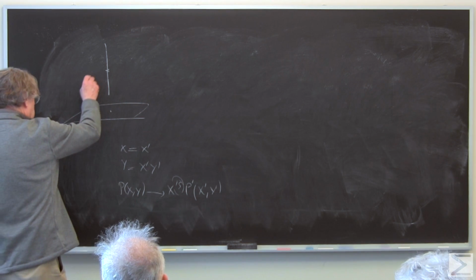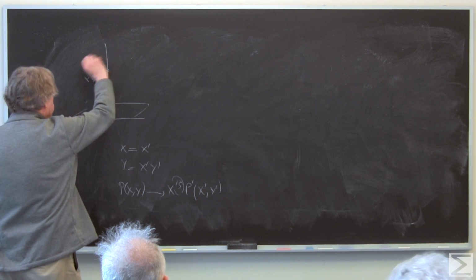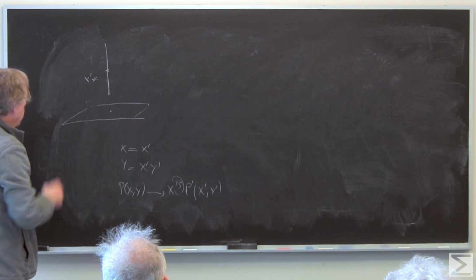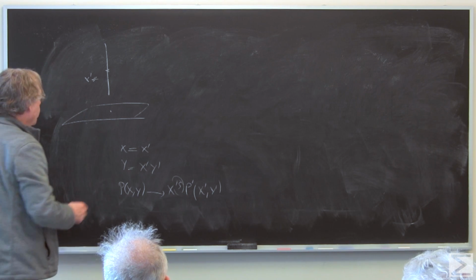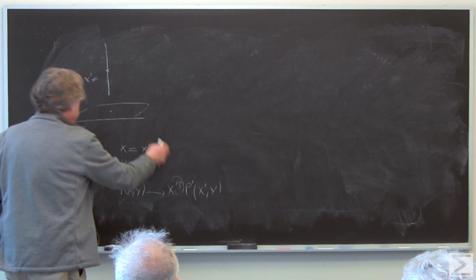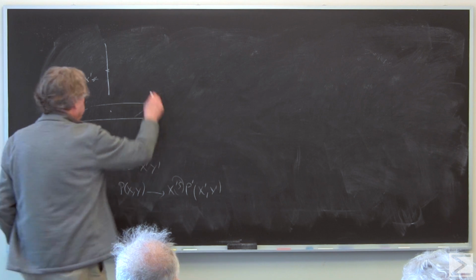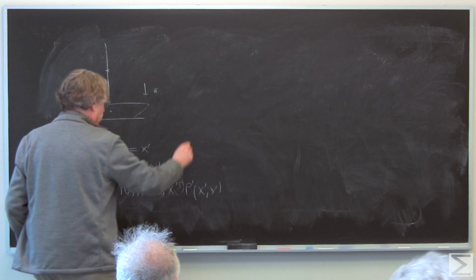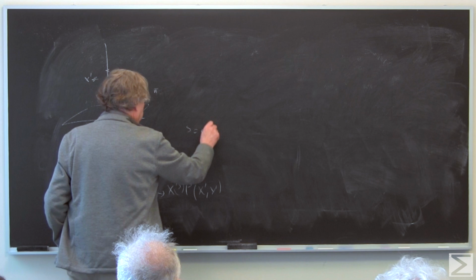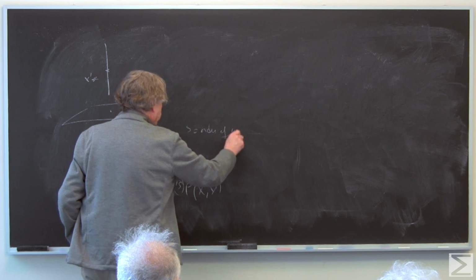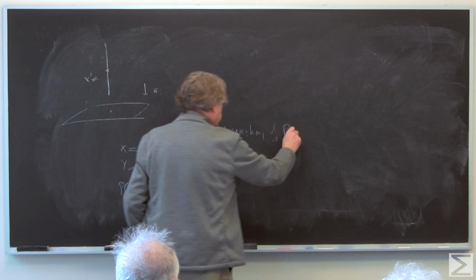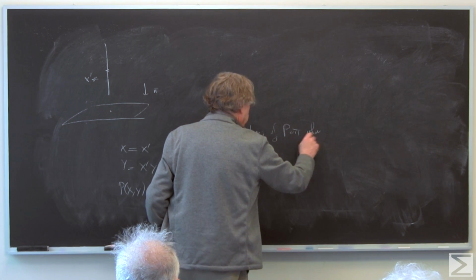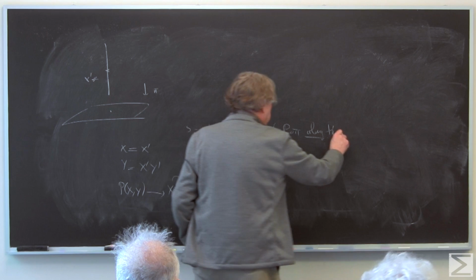But because x prime equals 0 in the chart in which I'm looking at things is the equation of the exceptional divisor, actually this s is the order of vanishing, let's call pi the projection map, of p composed with pi along the exceptional divisor.